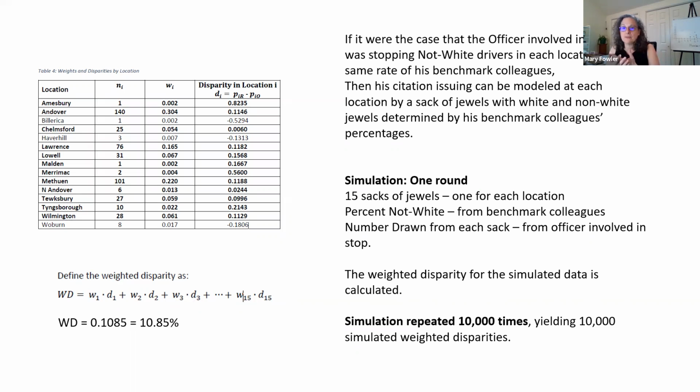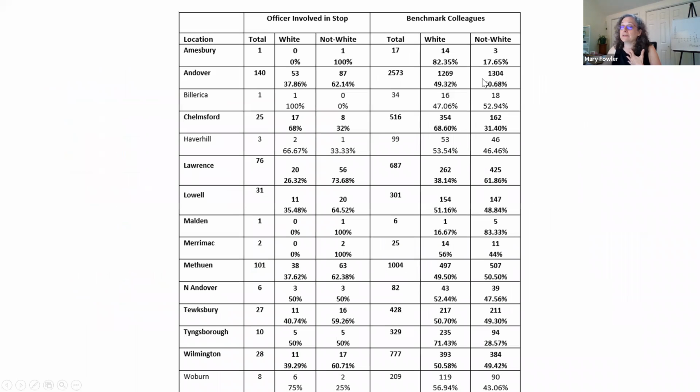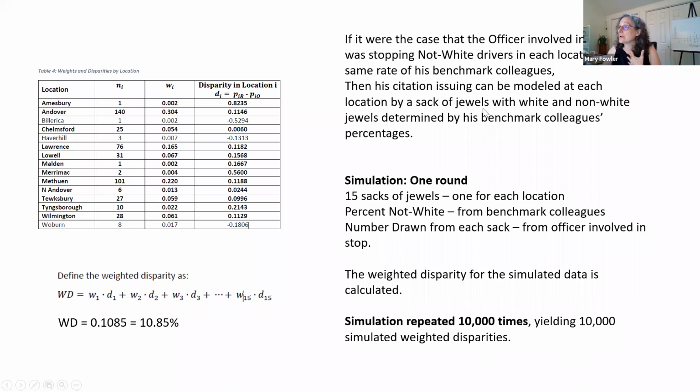And then there would be an associated disparity comparing the simulated to the benchmark colleagues. And then adding it up like this. And that would give us one value of a simulated weighted disparity. Repeating this, say 10,000 times, I think I actually did it 100,000 times in the case, would yield a distribution of simulated weighted disparities.